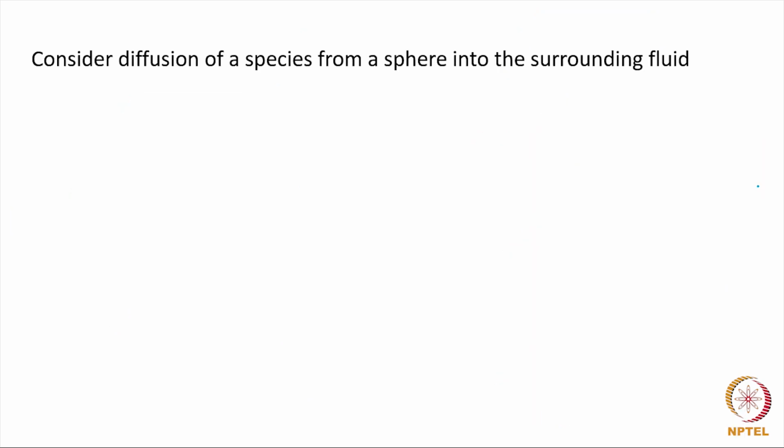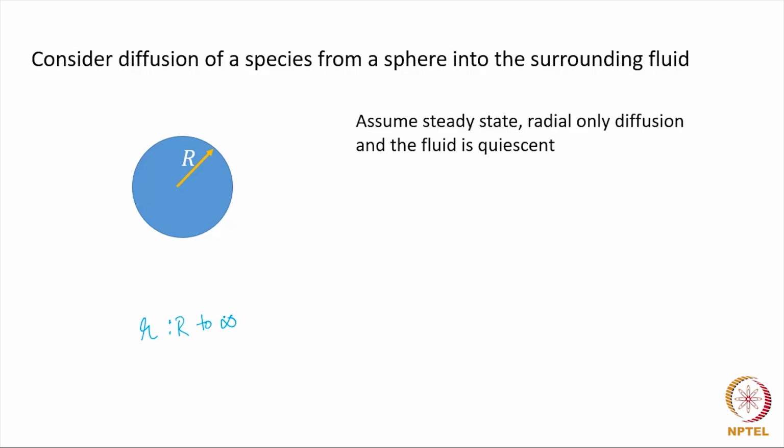So consider the situation to be diffusion of a species from a sphere into the surrounding fluid. The sphere has a radius capital R, which means that our domain where the diffusion is taking place is from radius going from capital R to infinity, and the solution is then taken up with the following assumptions.